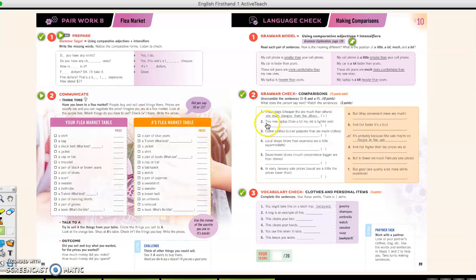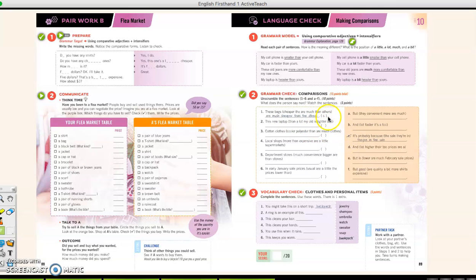Okay, number two, this new laptop than a lot my old is lighter one. So what I want you to do here is try to unscramble that one, unscramble number 3, 4, 5, and 6. Unscramble the responses A, B, C, D, E, and F, and then choose the correct response.